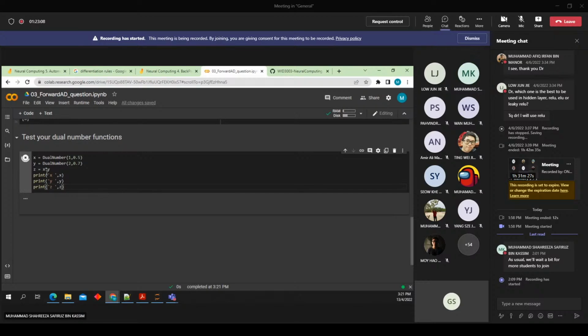As you can see, we have defined our dual number 1 and 0.5, and we have defined the variable y as a dual number.